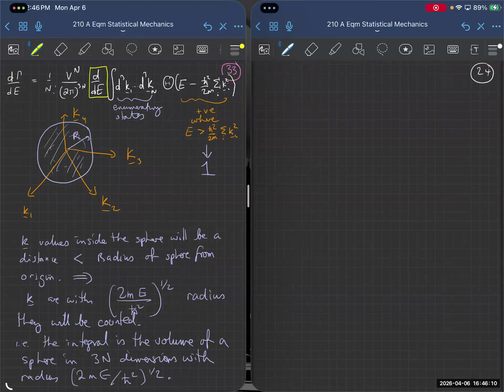So now I want to show you how to calculate that. What we're going to first of all do is rescale the parameters. So I'm going to make a new variable.